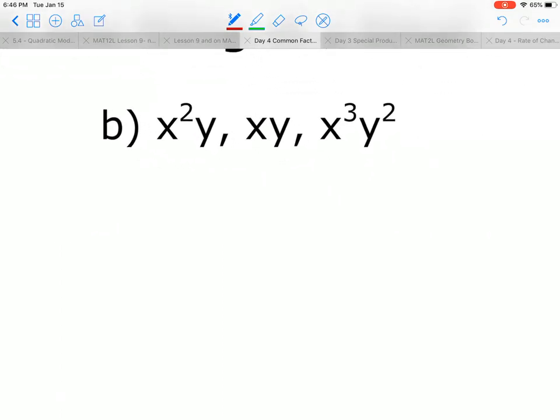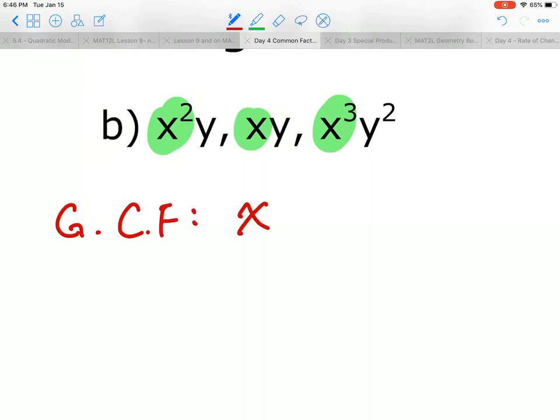Now the next one, instead of numbers, we have x squared y, xy, x cubed, and then y squared. When you're dealing with the variables, you take a look at the common variable and then take the lowest exponent. For the x, which I will highlight in green, thankfully all three terms have x in it. So the first step of the GCF is x, and the lowest exponent among the x's is x to the power of 1.